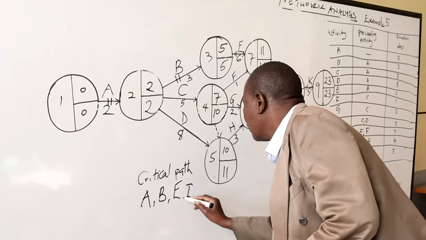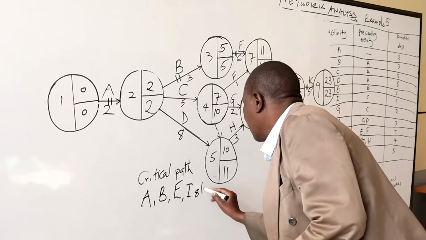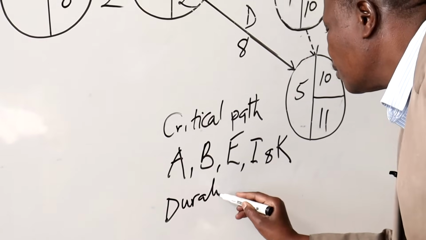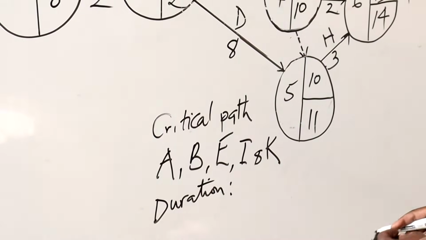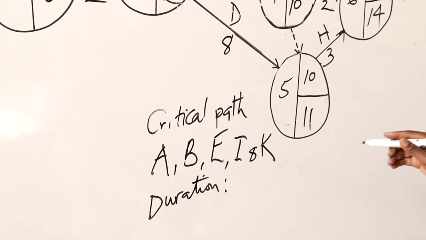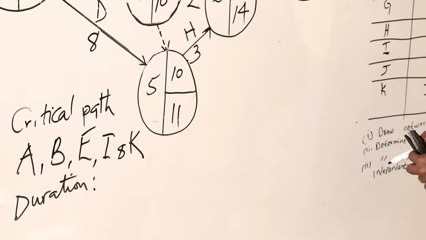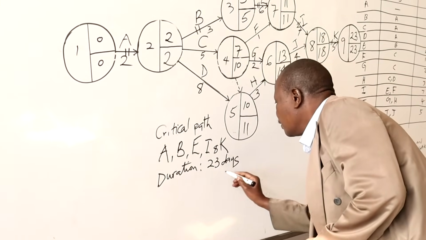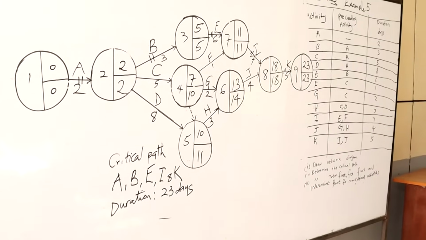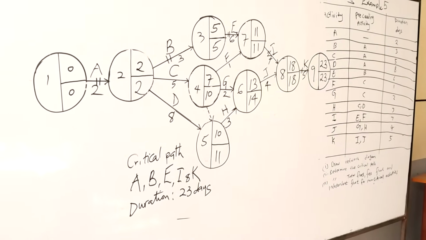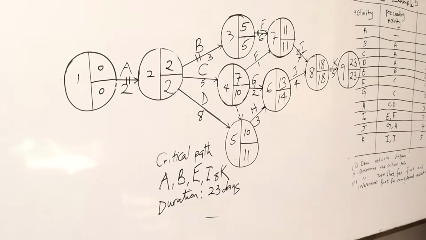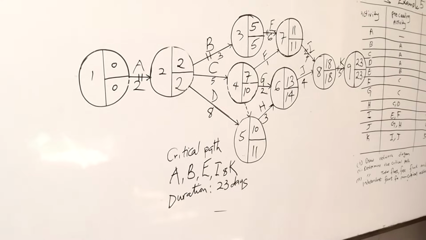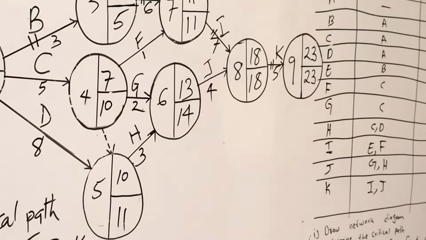Then the duration of this project is 23, because they were in days. The duration is 23 days. That is the critical path. So that is the network which is drawn with the help of the time or duration.